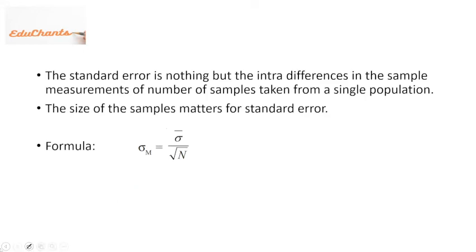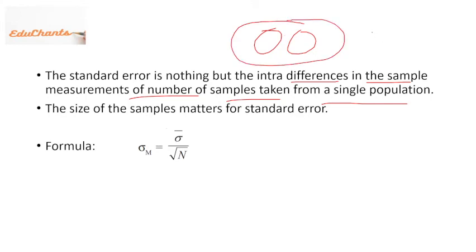So standard error is nothing but the inter-individual differences in the sample measurement of a number of samples taken from a single population. That means different samples are there, but it is a single population. Say for example, the population is UG students, undergraduate students.